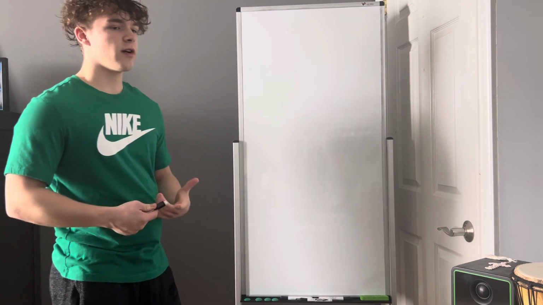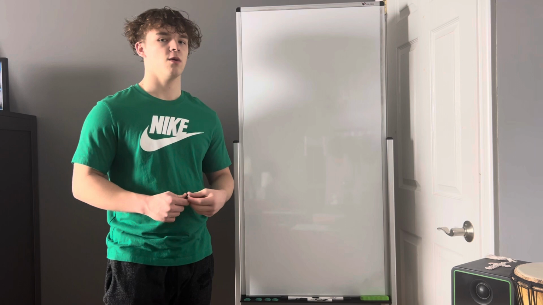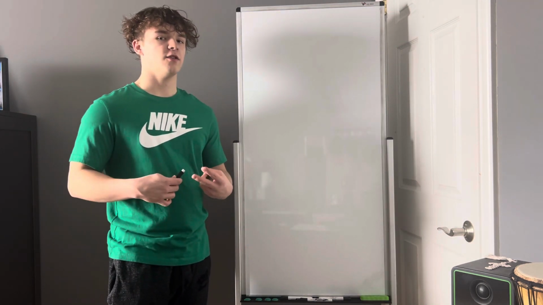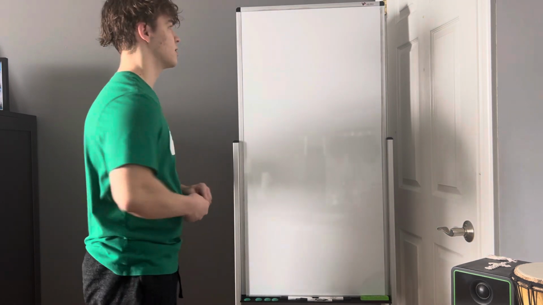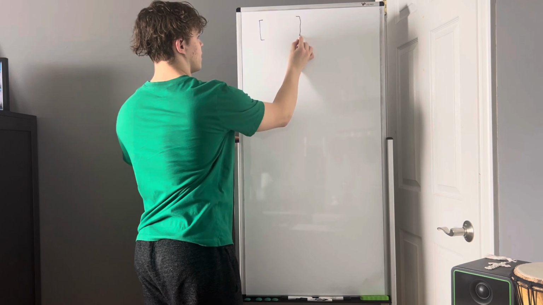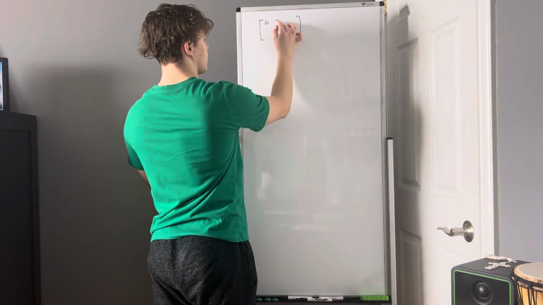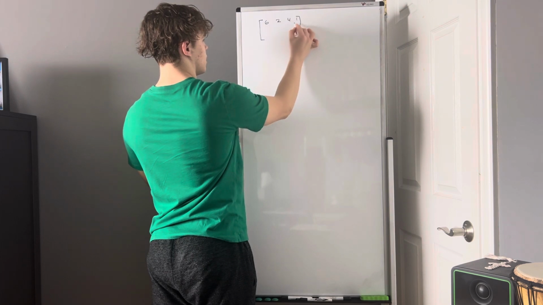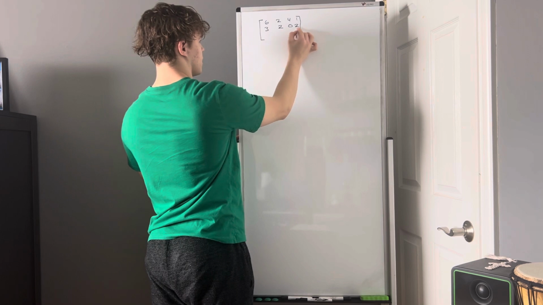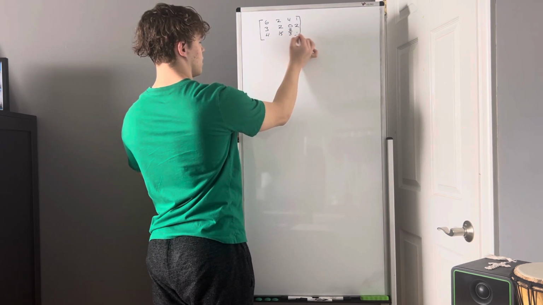So with linear algebra, we deal a lot with things called matrices, or in the singular form, a matrix. And we have two different forms of matrices. We have a regular matrix, which is surrounded by square brackets, and you will have some set of numbers. These are just random numbers that I'm putting in. They could be anything.